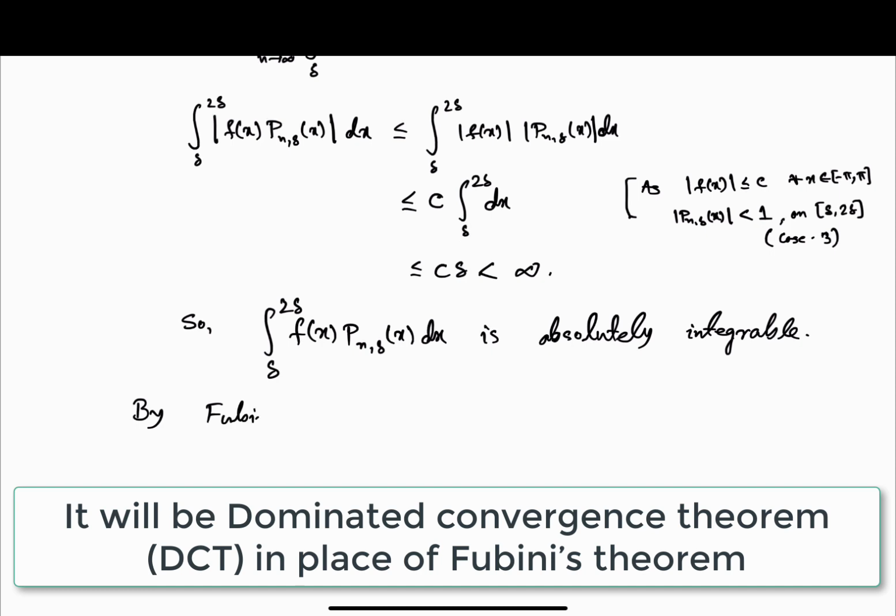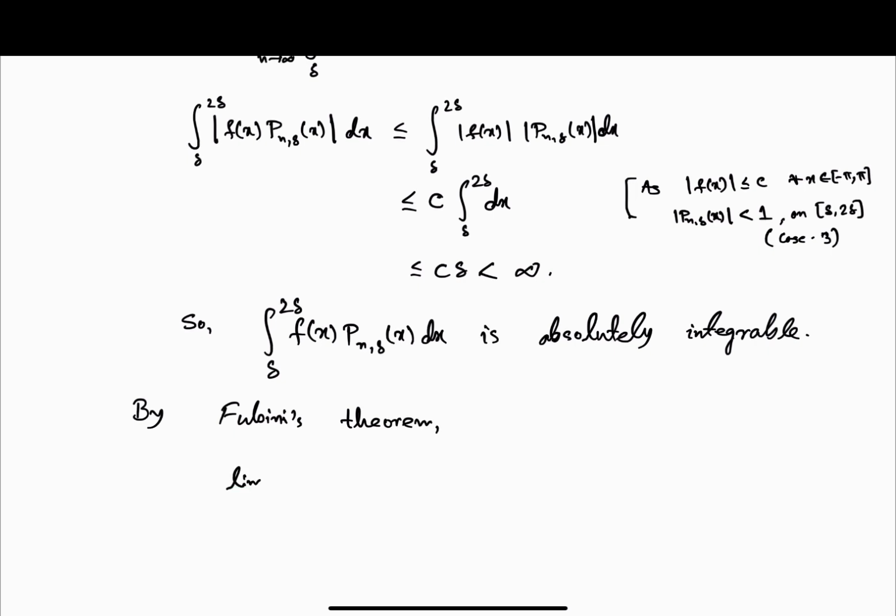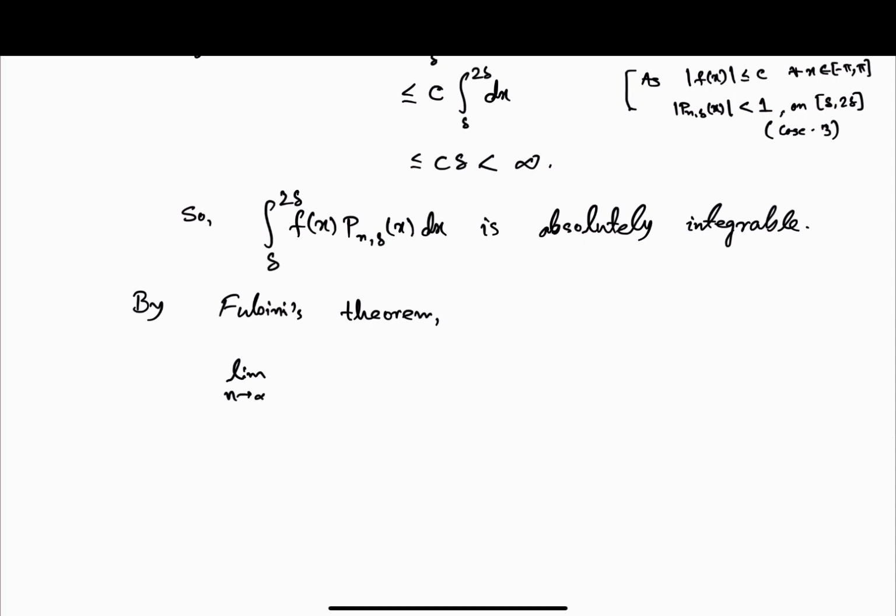So by Fubini's theorem, the limit n tends to infinity of the integral from delta to 2 delta of f(x) p_n,delta(x) dx, you can take the limit inside: the integral of f(x) times the limit n tends to infinity of p_n,delta(x) dx.